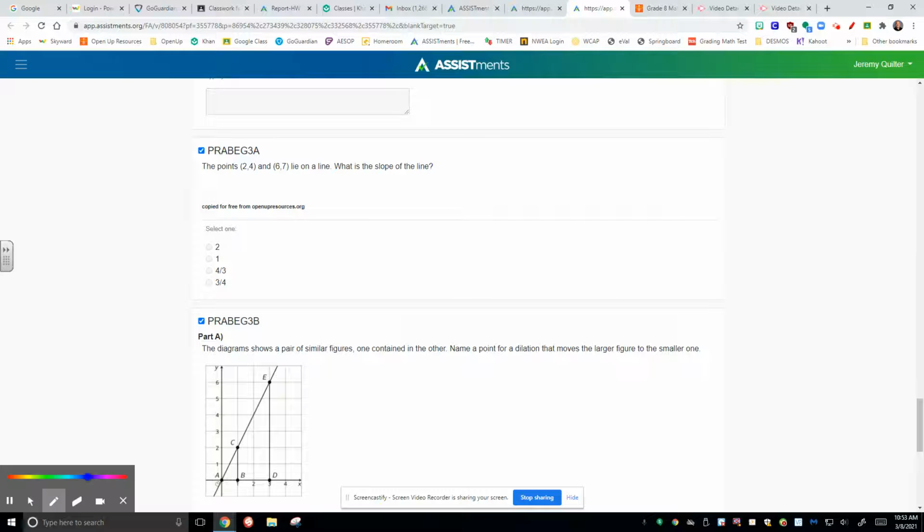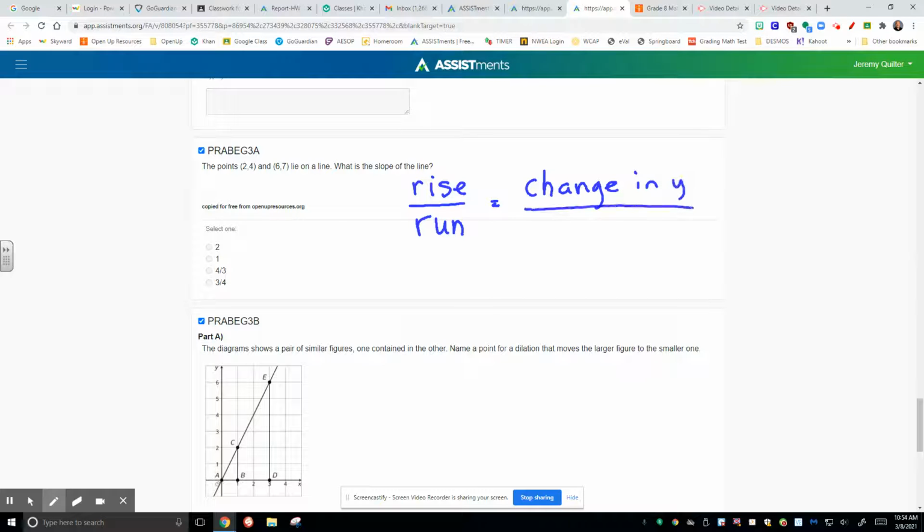Well, remember when we talk about the slope of the line, we're talking about rise over run, or the change in y divided by the change in x. There are a lot of different ways that you can set this up.